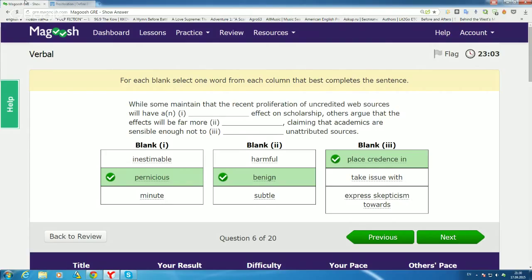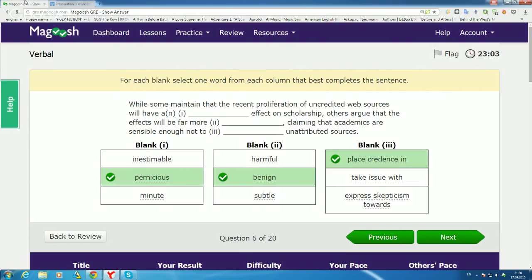What's happening, John, is you have at the beginning the while, some think this, others think this. So it's not just the word others by itself, but you have one section saying some people believe this, comma, others believe this.